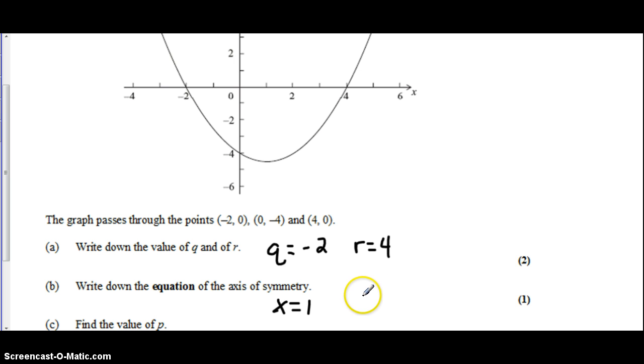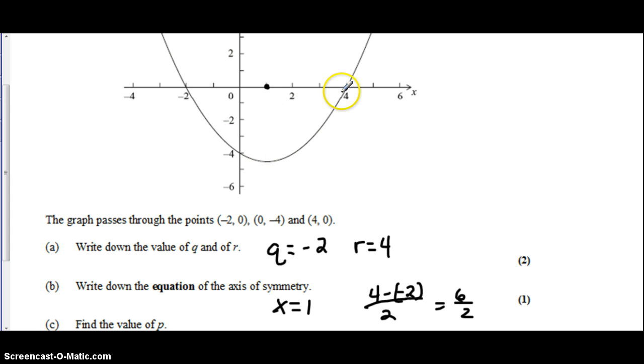What you can do is find the midpoint between the two solutions, so that would be 4 minus -2 divided by 2, so 6 divided by 2 would be 3. So the midpoint would be this value right here, so 1, 2, 3 and 1, 2, 3. So it does appear that the axis of symmetry is x equals 1.